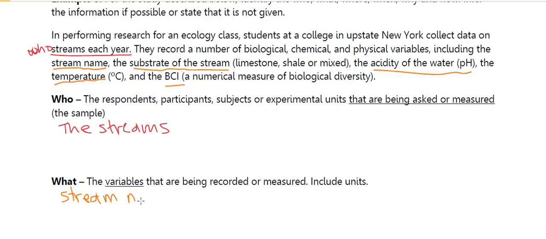Stream name. That doesn't have any units with it. Substrate. Now that doesn't have any units really, but it does have 3 categories, 3 possible answers: limestone, shale, or mixed.